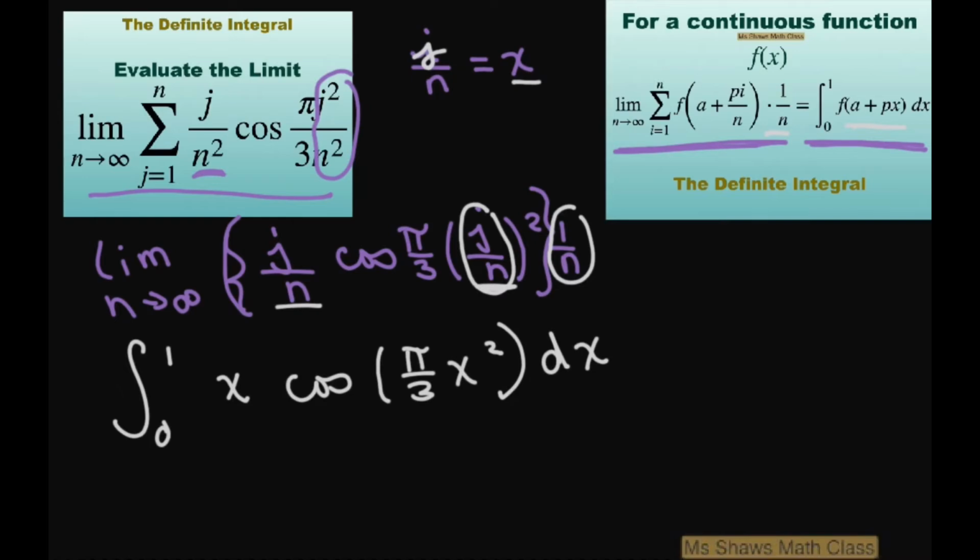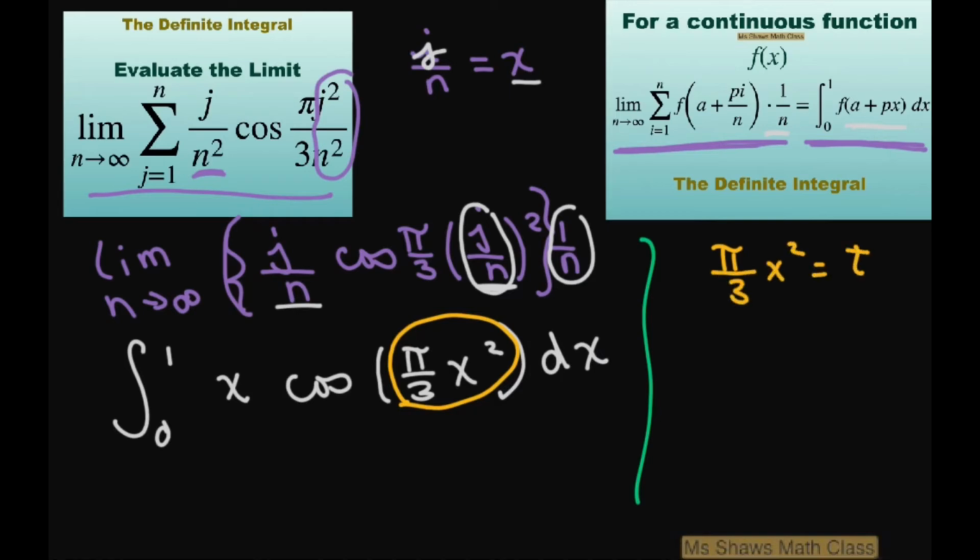Now from here, let's go ahead and use our u substitution, or we can use t substitution. So we're going to let this inner part function here equal t. So let pi divided by 3 x squared equal t.